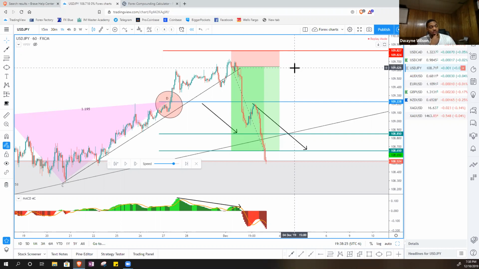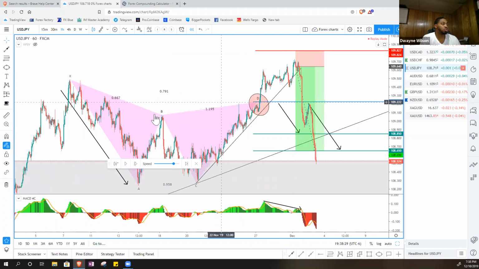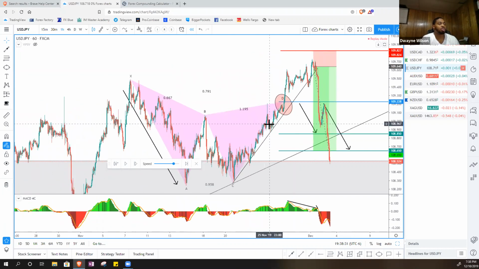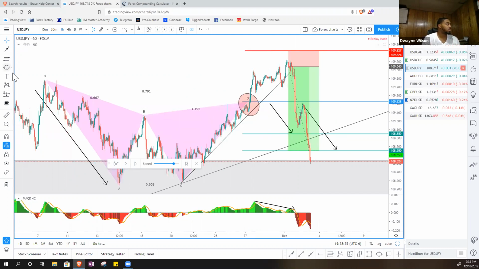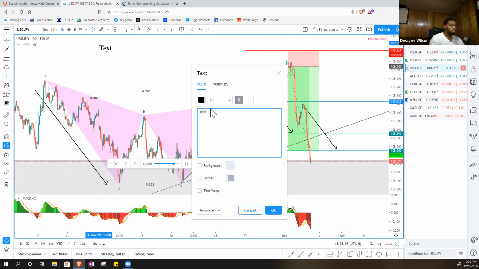So this is the reason why, guys, it's not more so just how to trade harmonic patterns, but the power of confluence. All right. So let's just jot this out one more time. Power of confluence.